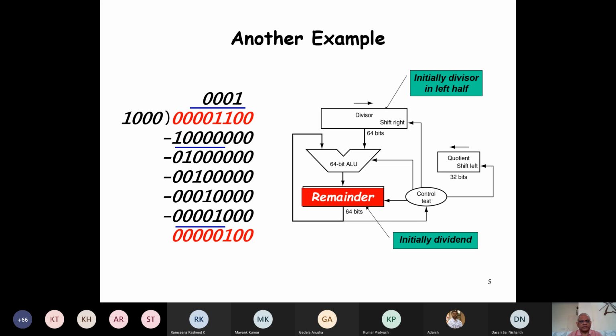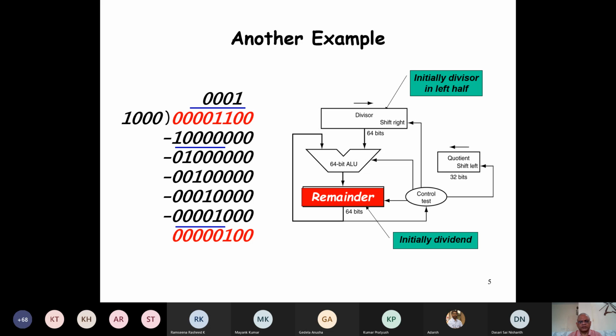So this is the red one. This is the register called remainder. I put it red here. And we are trying to divide a 4-bit number 1100, and 1100 is on the lower 4 bits here.